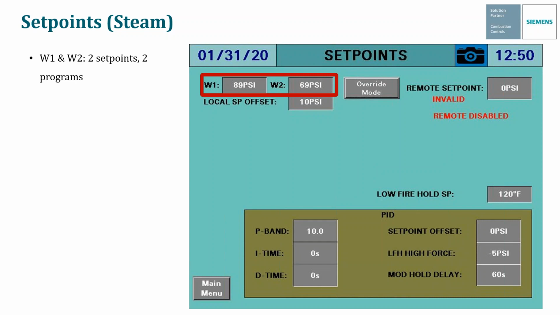The W1 set point is the main set point. So if you don't do anything to the master panel, you don't close the contact, you don't use an override of any kind, you don't have a remote set point, W1 is the set point that's going to be used. There is a digital input on the master panel where if you close that digital input, you'll actually be able to switch to W2 automatically. And so then you'd have a W2 set point that you can use.